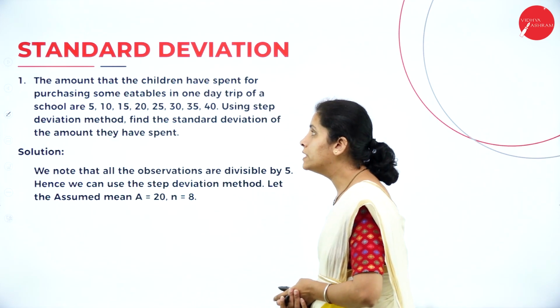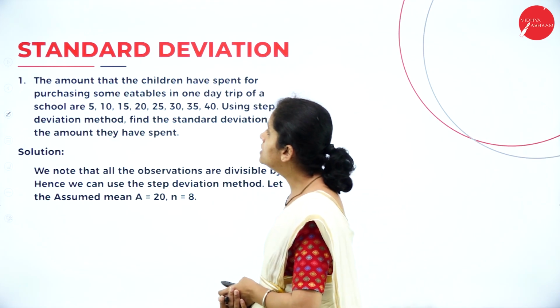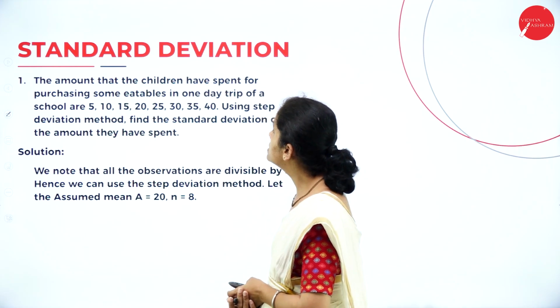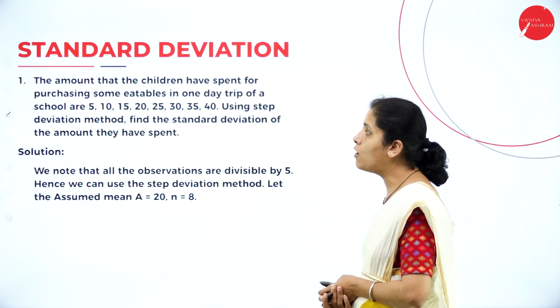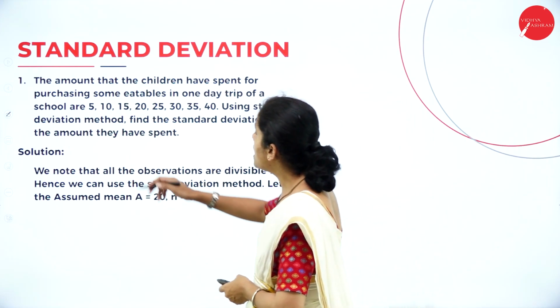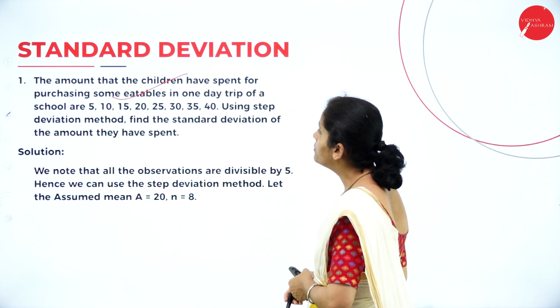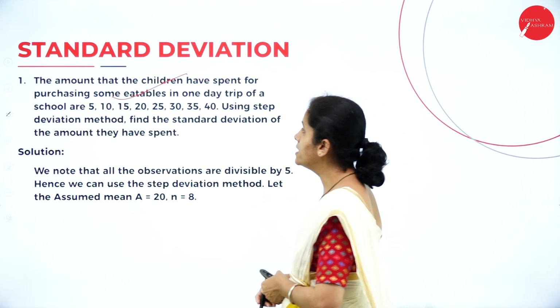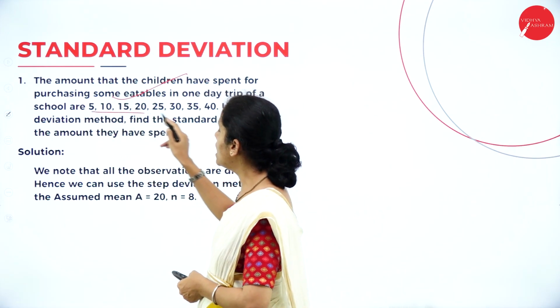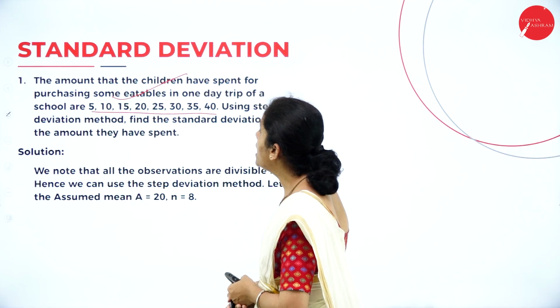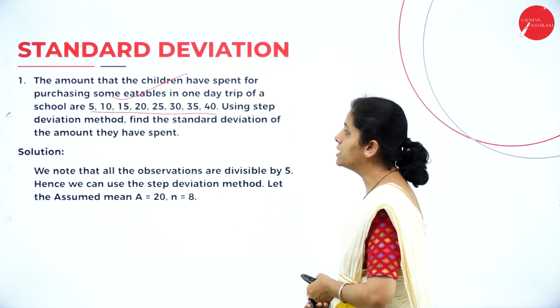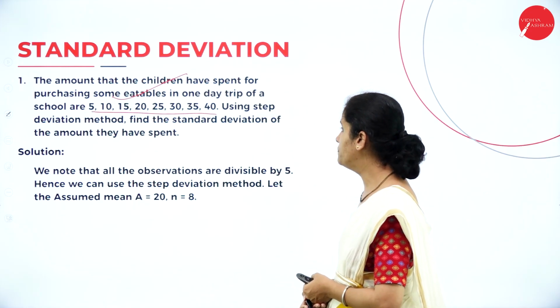Now, I have an example here. The amount that the children have spent for purchasing some eatables in one day trip of a school are arranged here: 5, 10, 15, 20, 25, 30, 35, 40.